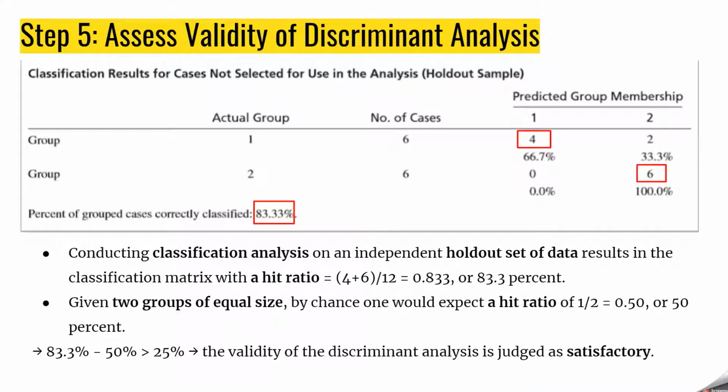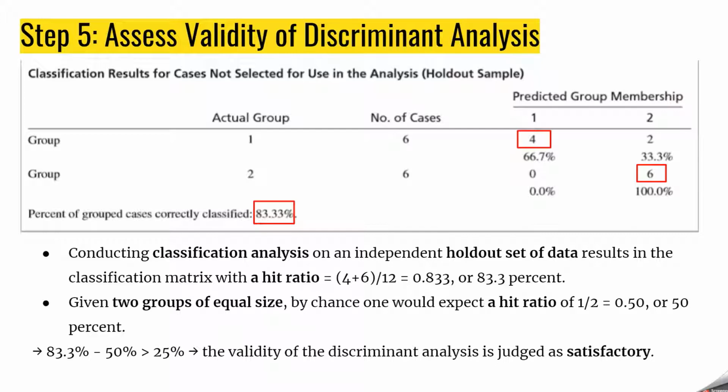For the classification result in the holdout sample, the percentage of grouped cases correctly classified is 83.33%, which is 4 plus 6 divided by the total of 12. Given two groups of equal size, you can expect the hit ratio by chance to be 1 divided by 2, which is 50%.